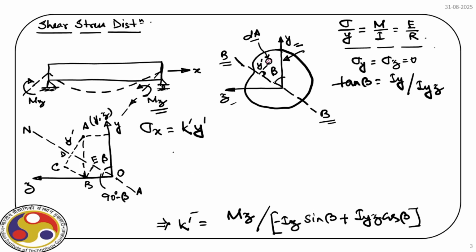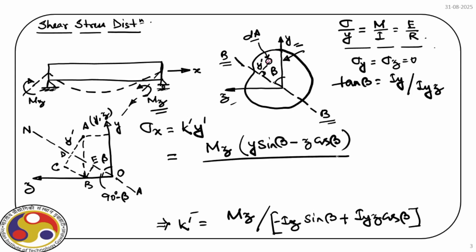So effectively we have Mz, in place of y prime, we have y sine of beta minus z cos of beta divided by Iyz cos of beta minus Iz sine of beta.